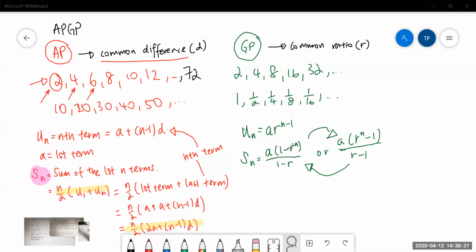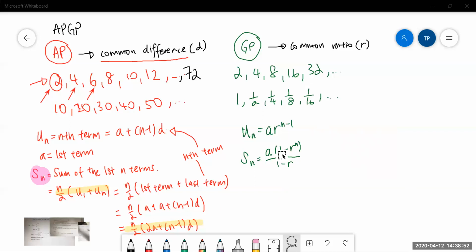They will say this one is for mod r less than 1, and this one is for mod r greater than 1, something like that. But in actual fact, we don't need that. It means the same thing. Trust me, just memorize this one.